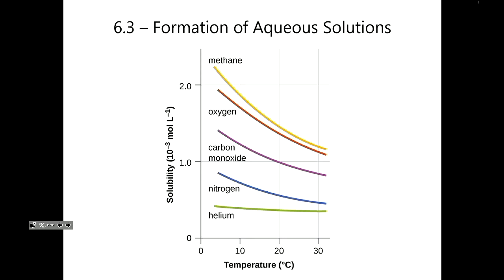If you look at 25 Celsius, which is our room temperature, about 1.2 millimolar is the concentration of oxygen. If the temperature goes up to 30, and in the summer it can go into the mid 30s, it's going down, right? But if our planet consistently keeps getting warmer, then the concentration of oxygen just keeps going down in our bodies of water.